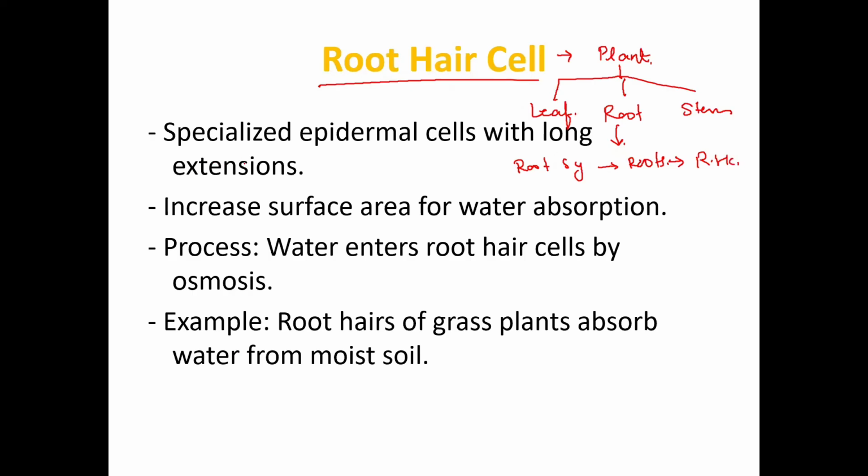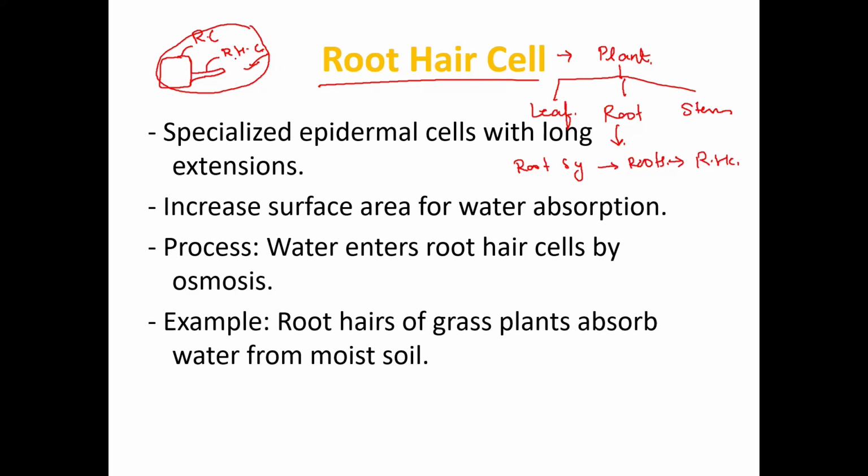Root hair cells are small hair-like parts of a root cell. Let's assume this is a root cell. The root cell has an extension, a thin hair-like structure. These small hair-like parts on the root cell are called root hair cells, the entire thing, right?